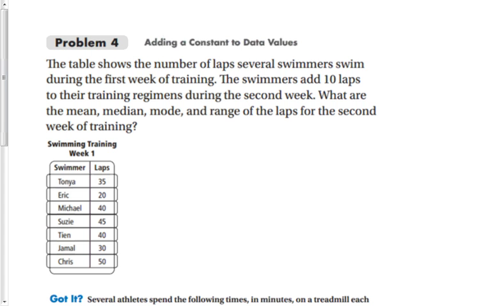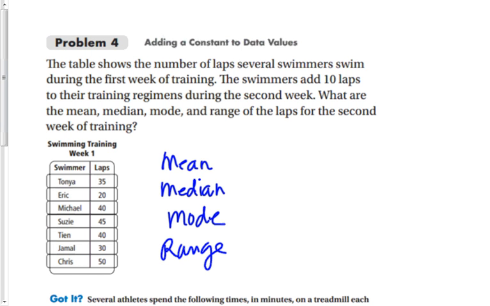All right, so let's go ahead and find the mean, the median, and the mode here. And the range. And then we'll change the data set. It says here that we're going to add 10 to each, so we'll just change that and see what happens when we do that to each of these measures.